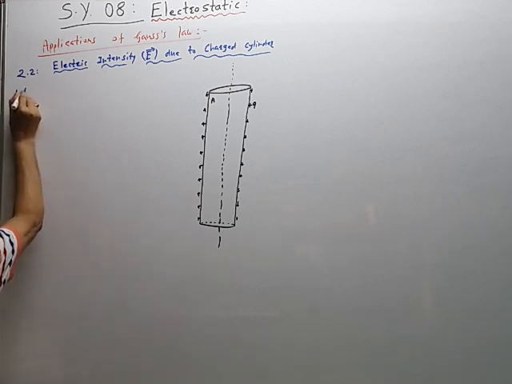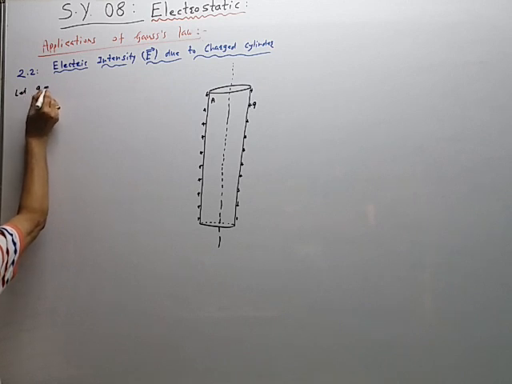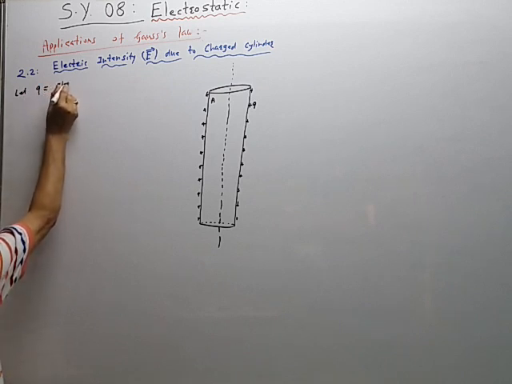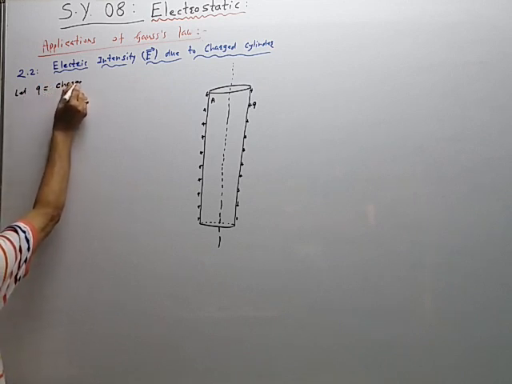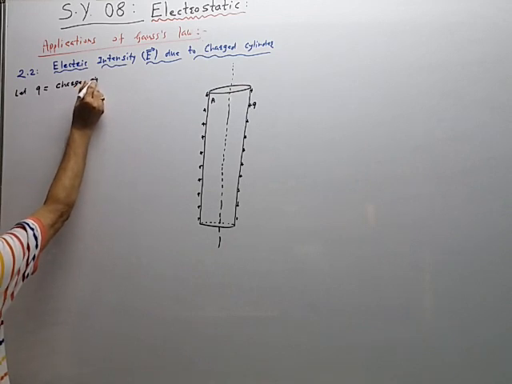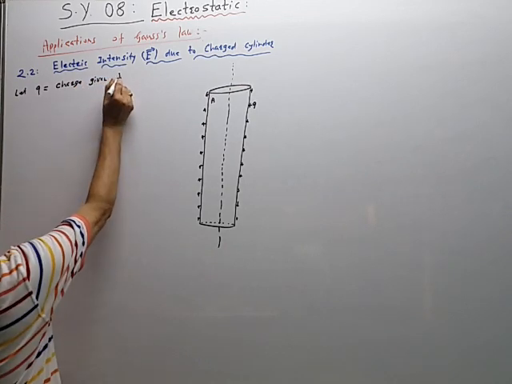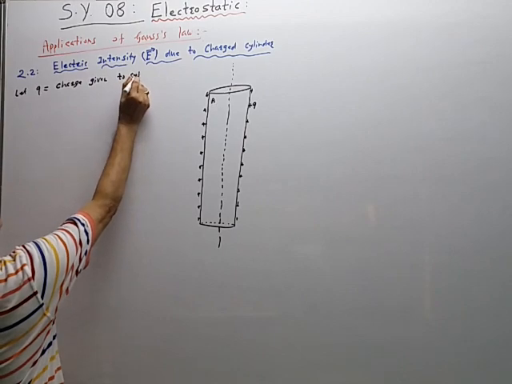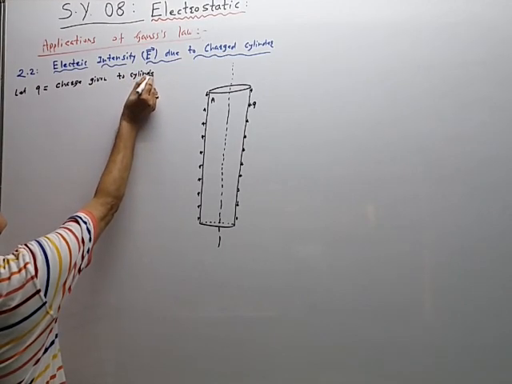Let Q is equal to positive charge given to cylinder A. It is a metal cylinder.